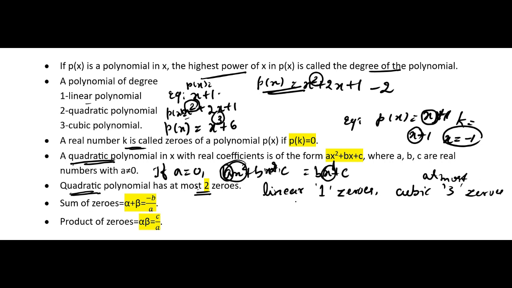For example, the quadratic polynomial is of the form x square plus bx plus c. If alpha and beta are the zeros of the given polynomial, then the relationship between the zeros and the coefficients is: the sum of zeros, alpha plus beta, is equal to minus b by a.